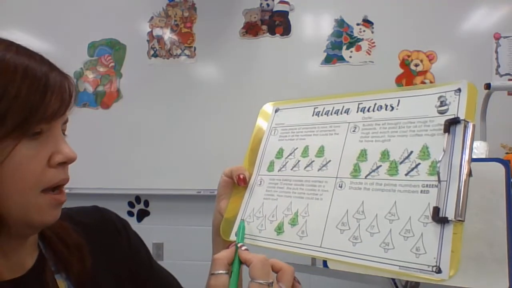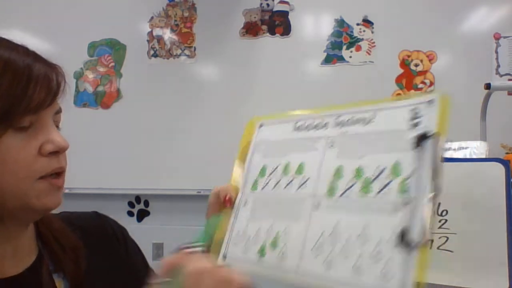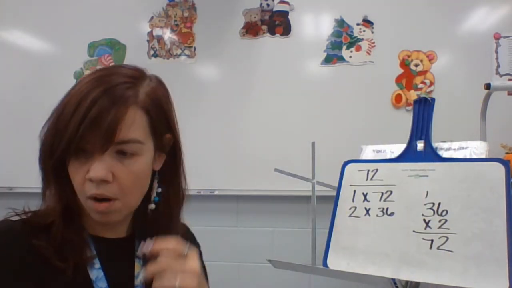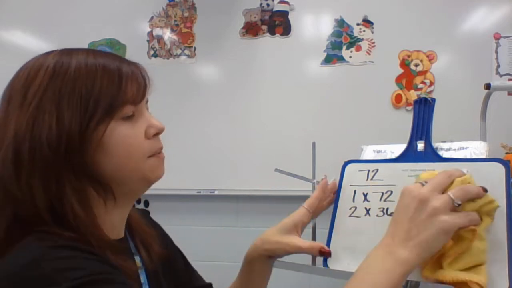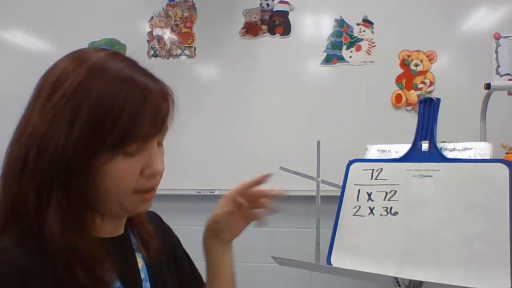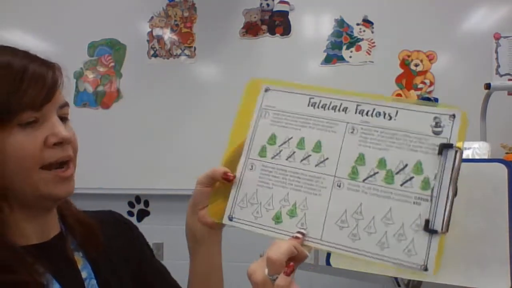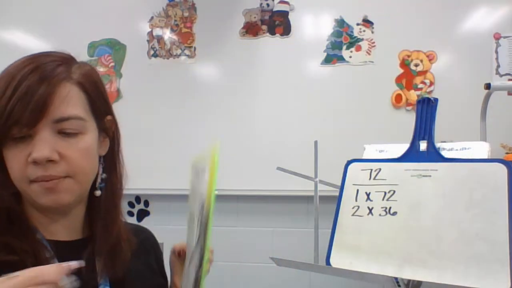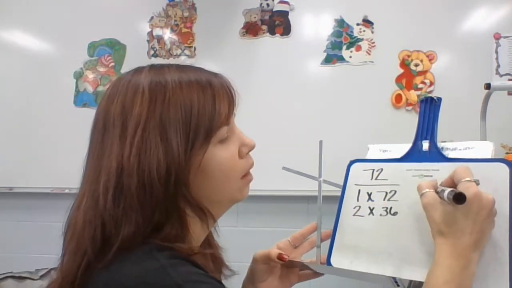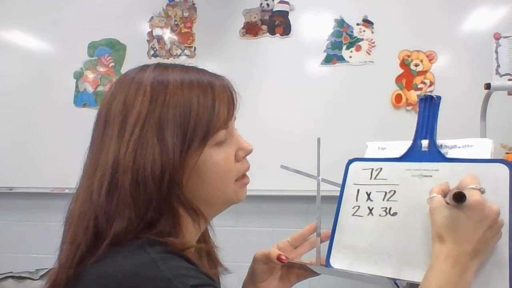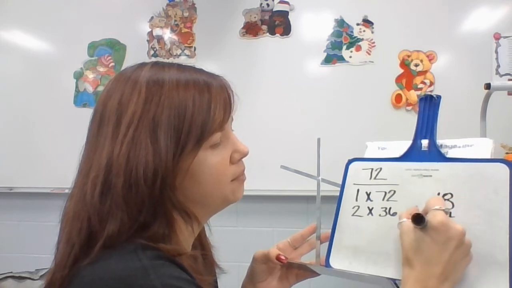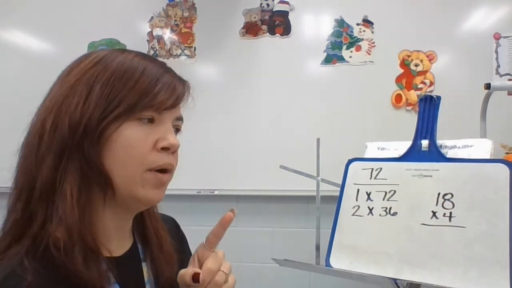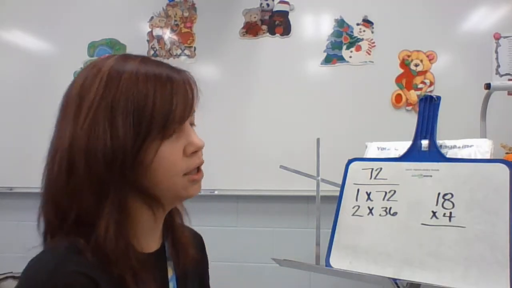I don't see a 3, but the next smallest one is a 4. 4s were all even, so it is a possibility. What's another big number on here? I see an 18, so I'm going to try 4 times 18. 18 times 4. If you're not sure what 8 times 4 is, again, use that multiplication chart.